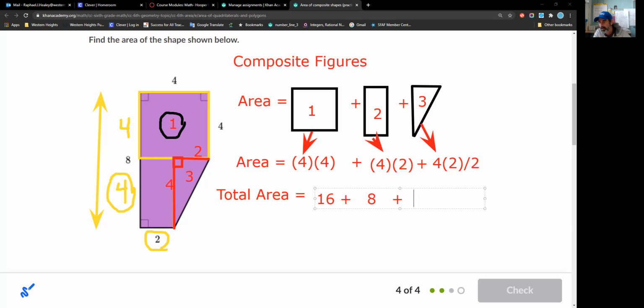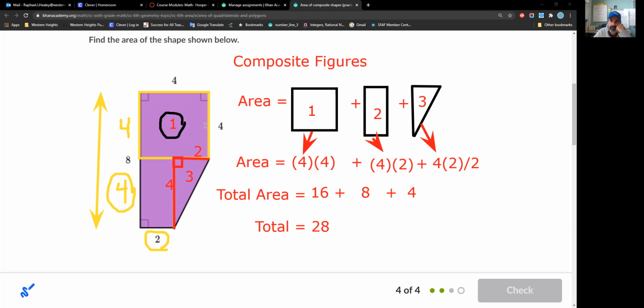And 4 times 2 is 8 divided by 2 is 4. Okay, there we go. Then 16 plus 4 is 20. And 20 plus 8 is 28. So the total for the composite is going to be 28 units squared. So it's 28. That's the answer.